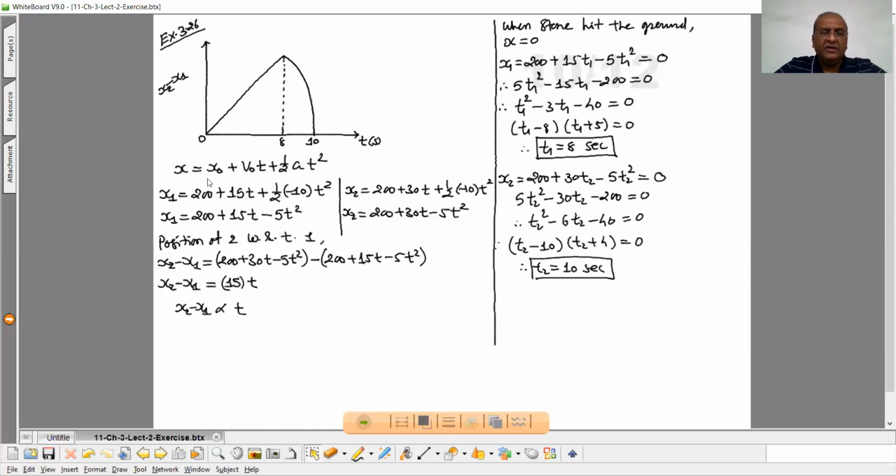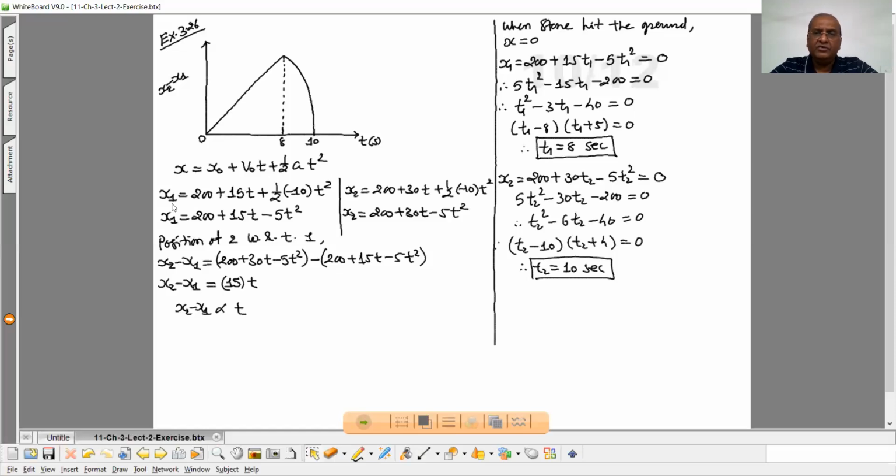See, we have the equation for the position of a particle moving with constant acceleration, that is x equal to x0 plus v0 t plus half a t square. This equation will give you the position of the particle at any instant t. x0 is its initial position, v0 is the initial velocity, and a is the acceleration.